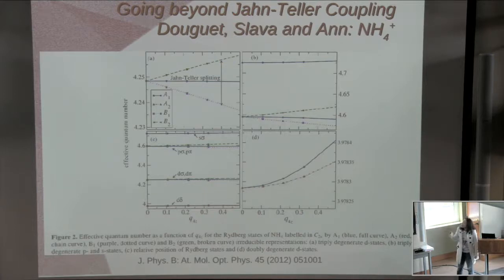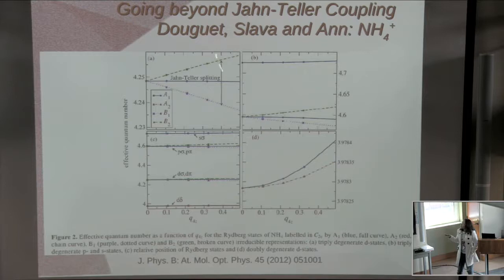Here you can see it is in the Td group. NH4+ has three triply degenerate modes and two doubly degenerate modes. This is the splitting of one of the triply degenerate modes.